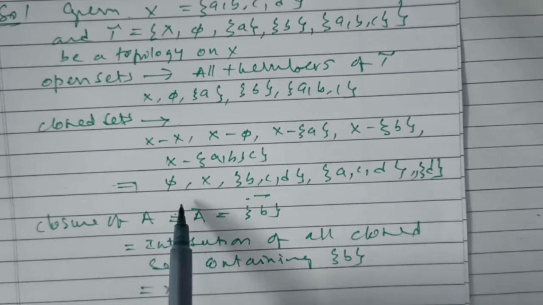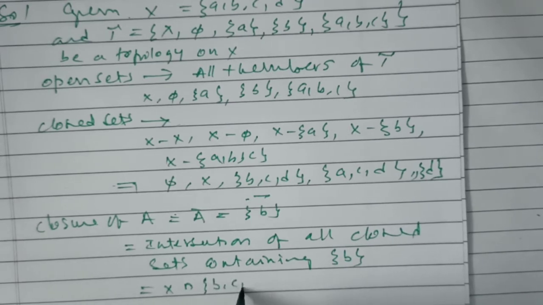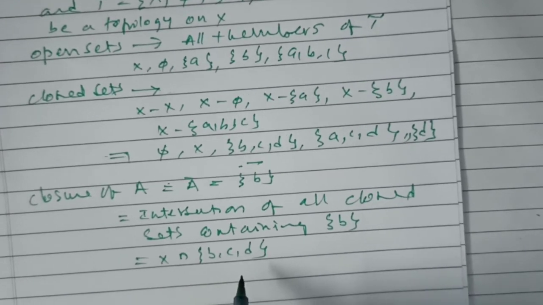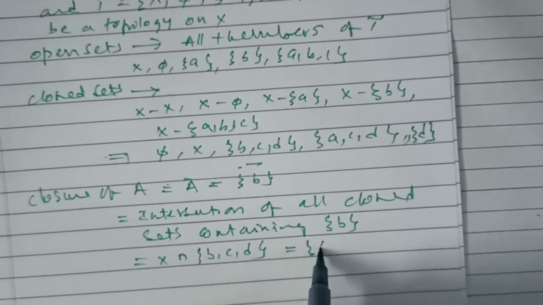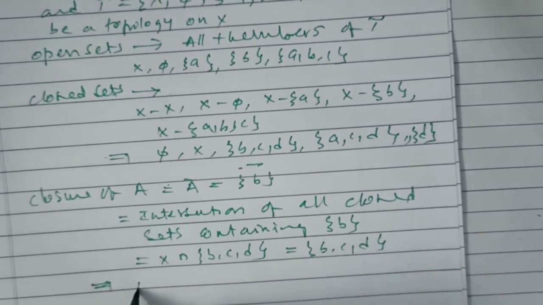So in these closed sets, where the element a is present, we get {b, c, d}, so that a bar is equal to {b, c, d}.